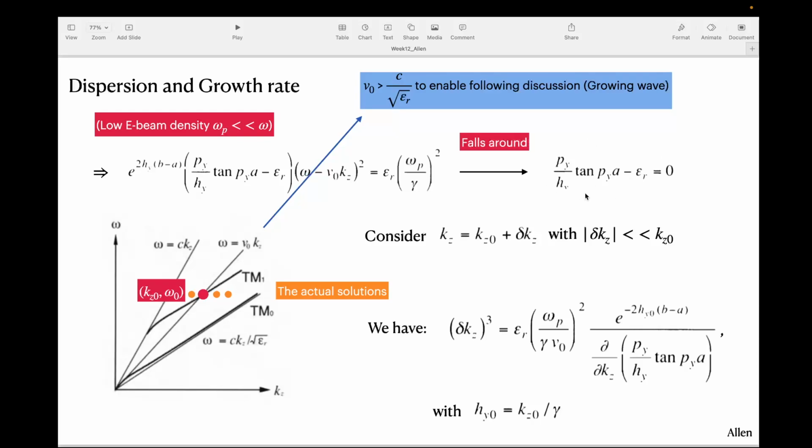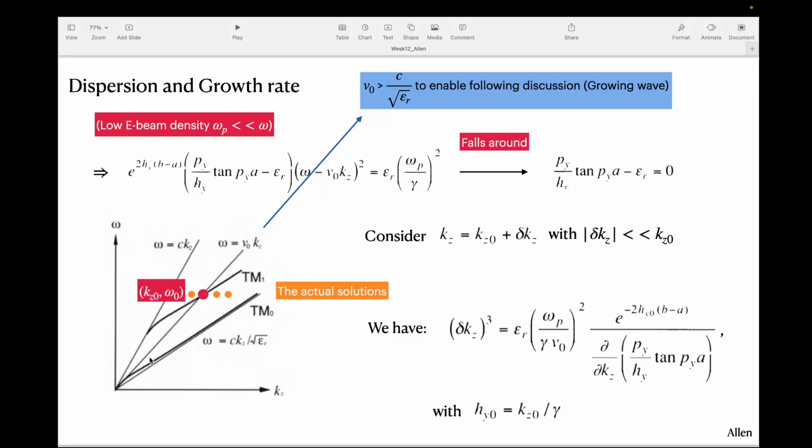So we can just borrow the picture from this to get some concepts right here. Without plasma frequency, the curve is like this. But when taking the plasma frequency into consideration, the actual k for the frequency omega is not at this point, but rather the orange point here.